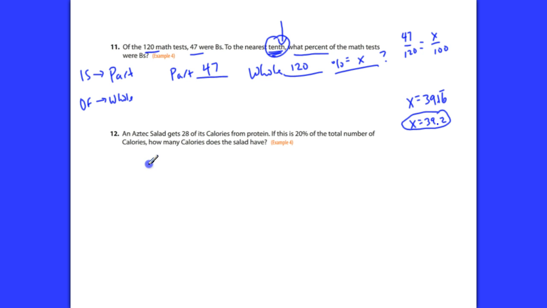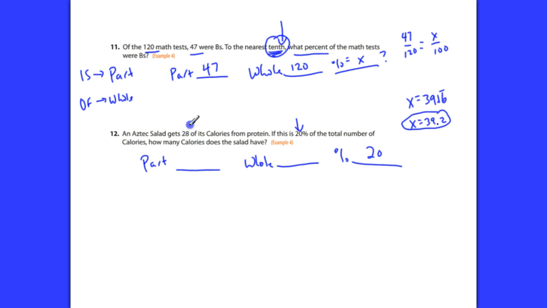All right, this last one right here, let's do the same idea quickly. The part and the whole and the percent. Well, the percent's easy because it's given right there in the question, right? 20% of the Aztec salad gets 28 of its calories from protein. If this is 20% of the total number of calories, how many calories does the salad have?